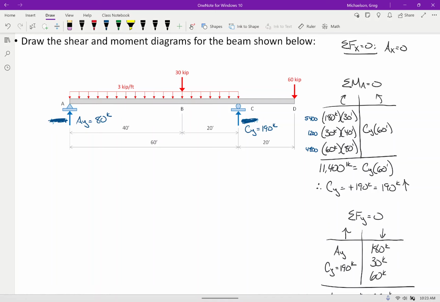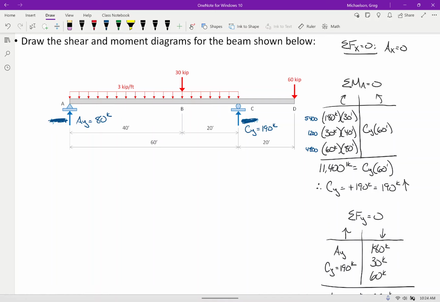Because I'm constructing the shear and moment diagram, which is a plot of the change in vertical forces and the change of moments on the beam as the loads are. That idealization, that 180 kip collapse that I just did, was an analytical tool that I used to compute support reactions. When constructing the shear and moment diagram, it's not going to work. A good example of why is, remember the section cuts?